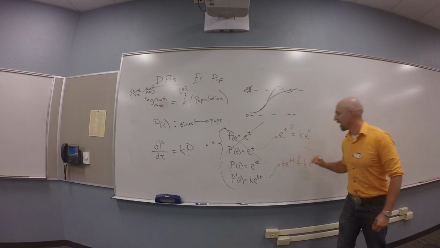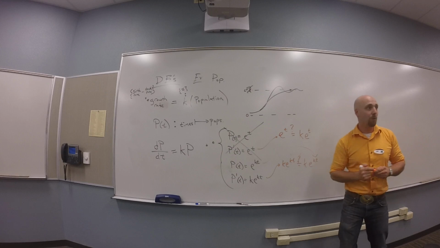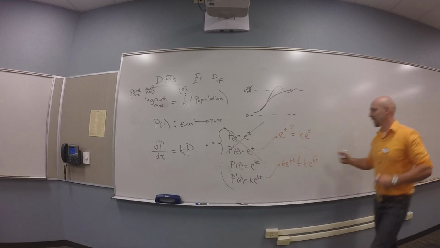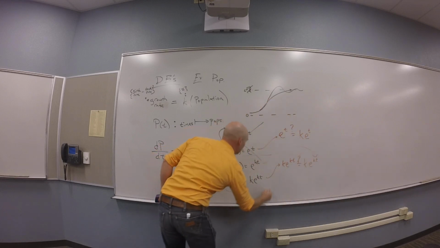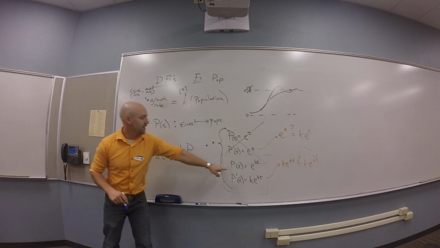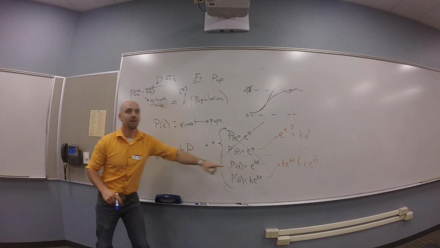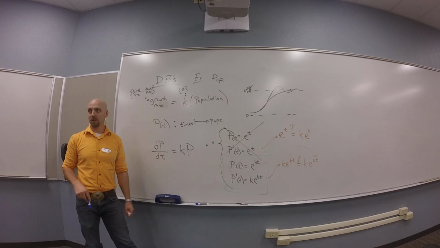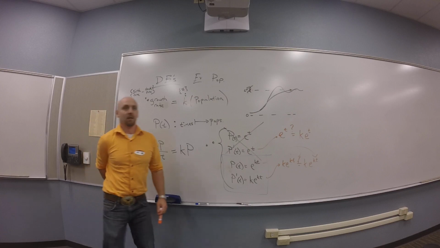Yeah, badass. So what we say is, this thing is a solution. P of t is e to the kt is a solution of this differential equation. Do you want me to write that down so you can see it?